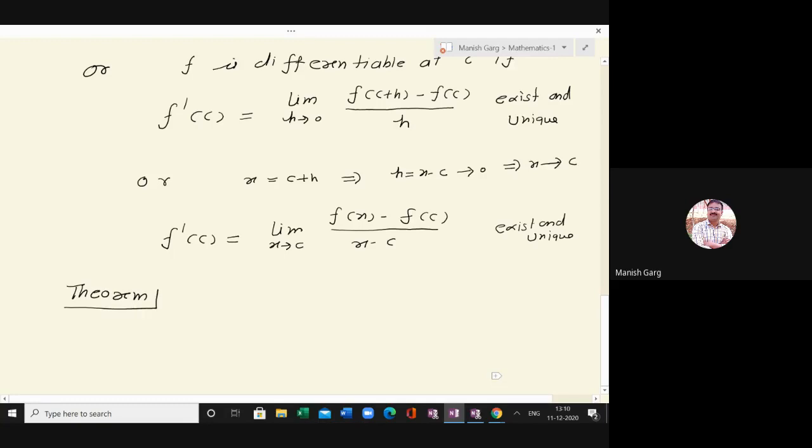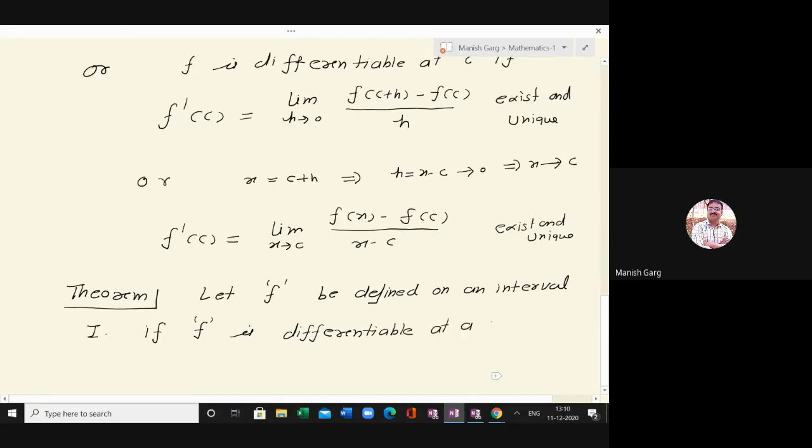Every differentiable function is continuous. Let f be defined on an interval I. If f is differentiable at a point c, then f is continuous at c.